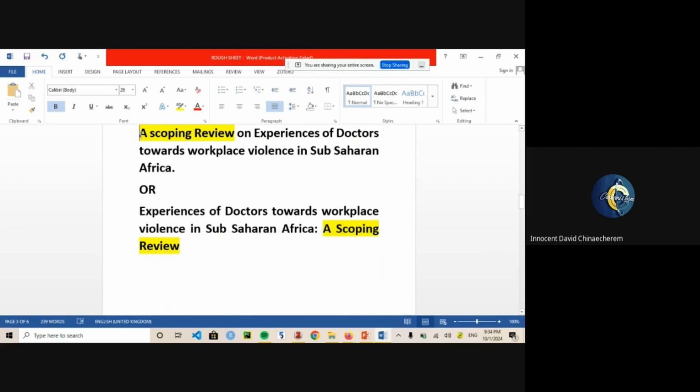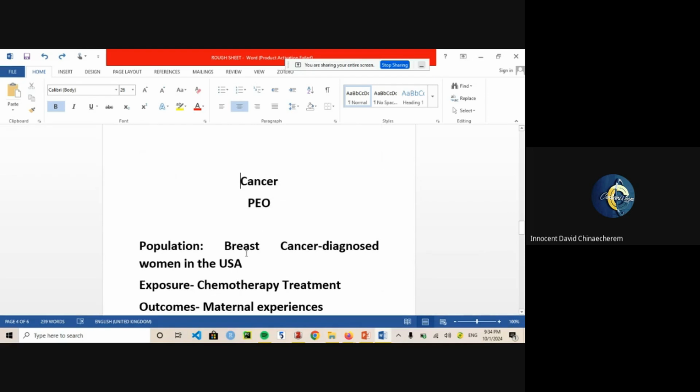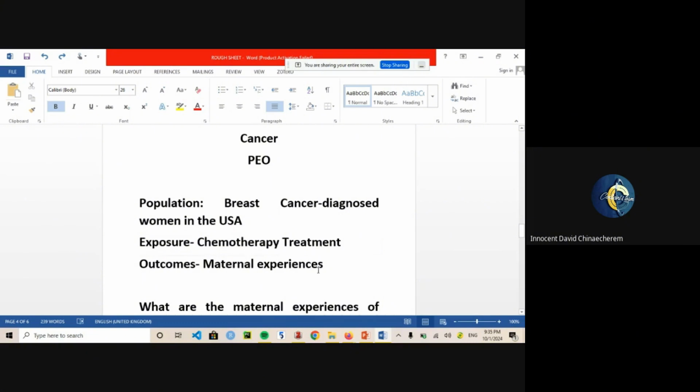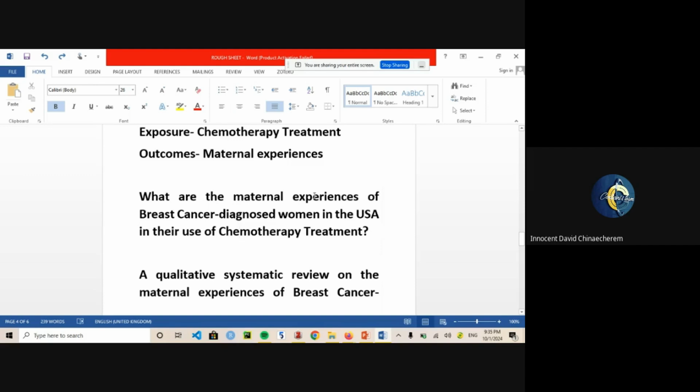Now we said that you can prefix or suffix your intended review in your title when you formulate it, right? Good. And we also talked about the PEO, where we used breast cancer diagnosed among women in USA, exposure chemotherapy treatment, outcome maternal experiences, and we were able to come up with our research question, which is: what are the maternal experiences of breast cancer diagnosed women in the USA in their use of chemotherapy?